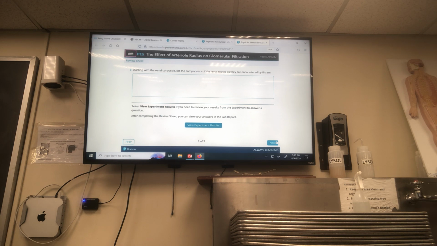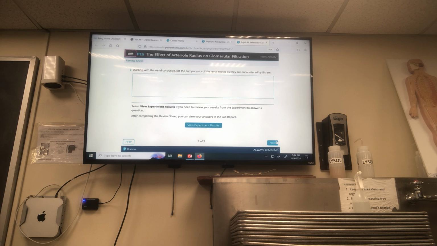Okay? Another thing, we have the descending loop of Henle. It's thick at the top, thin in the bottom, and then thick again at the top. So what does that signify?